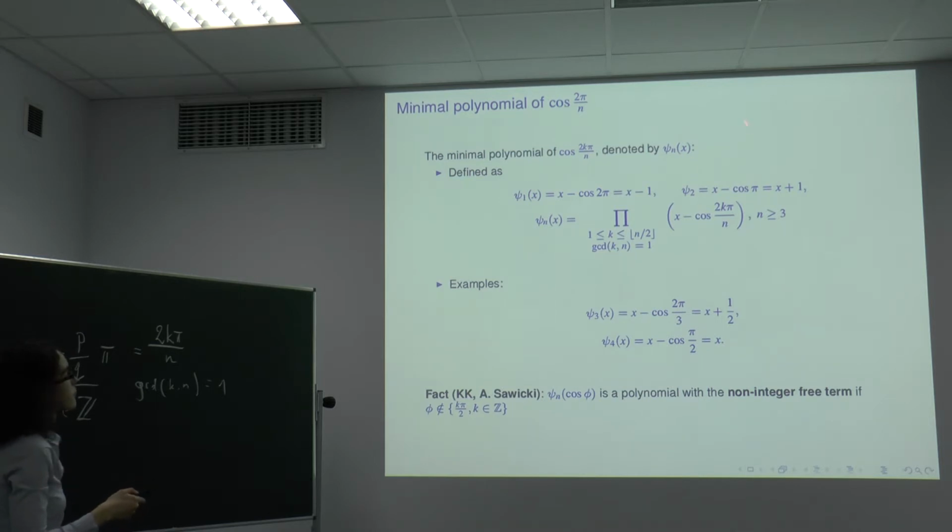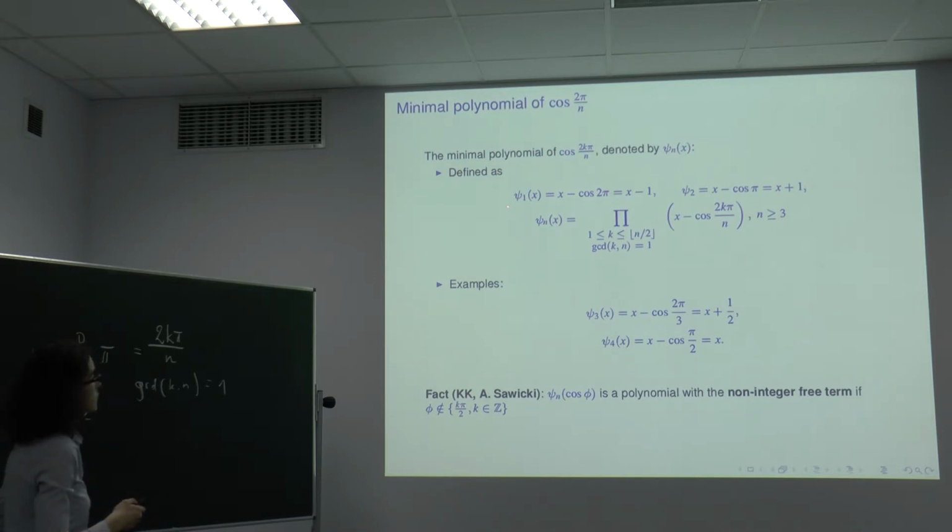Then its minimal polynomial will be denoted by psi n of x, which is the canonical notation. One can very easily check the explicit expression of such a minimal polynomial for small n.